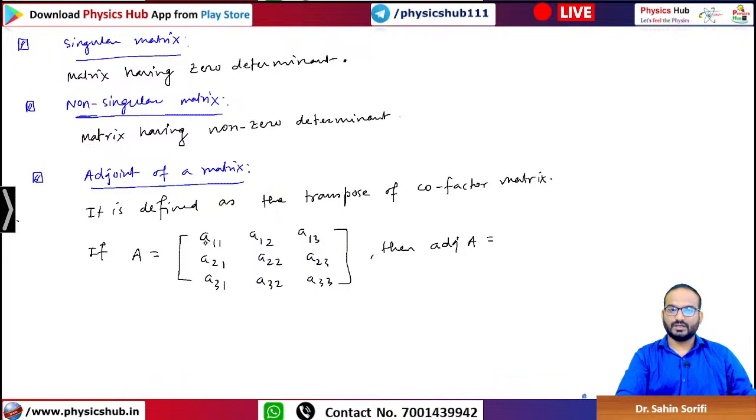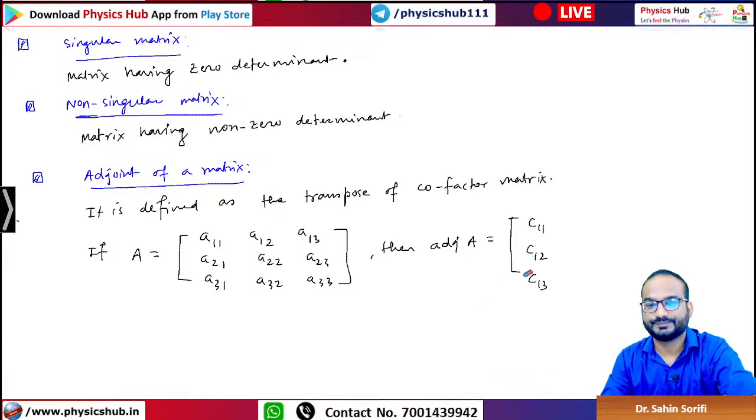Like A11, if its cofactor is, let's say, C11, A12, its cofactor is C12, but it will not be placed here, it will be placed in the transposed position. Similarly A13, with cofactor C13.